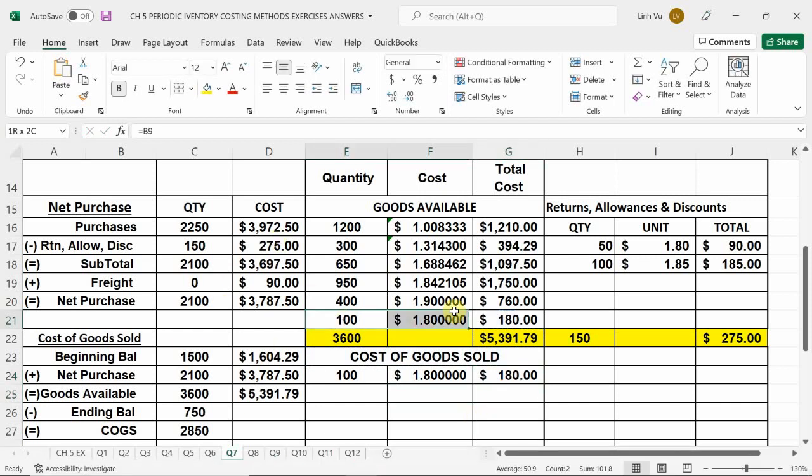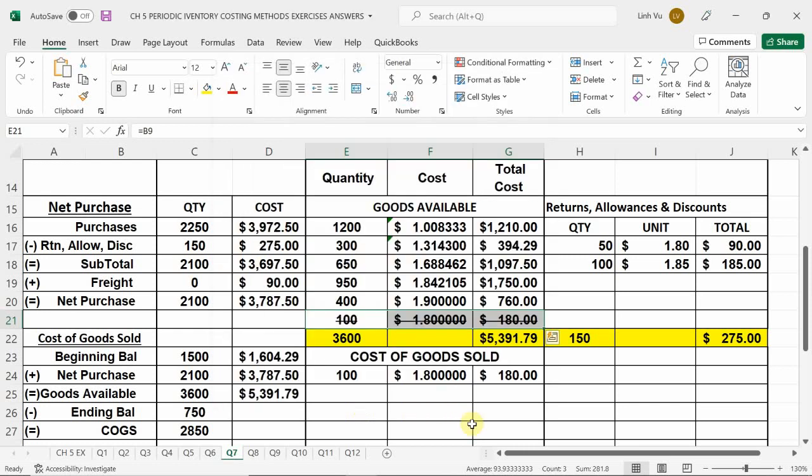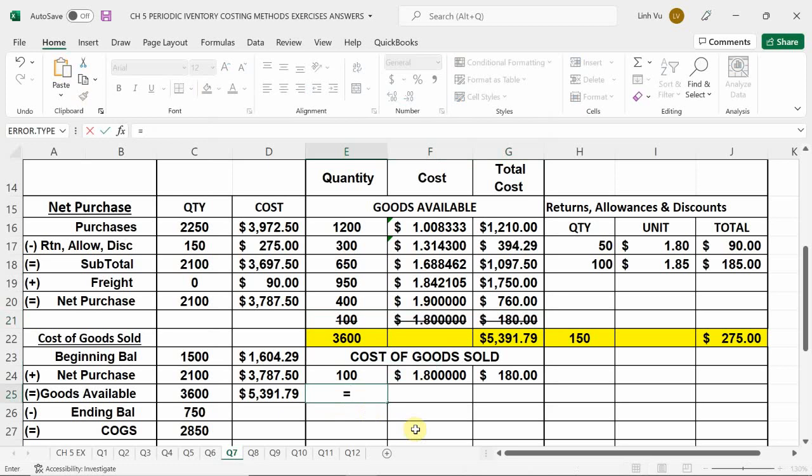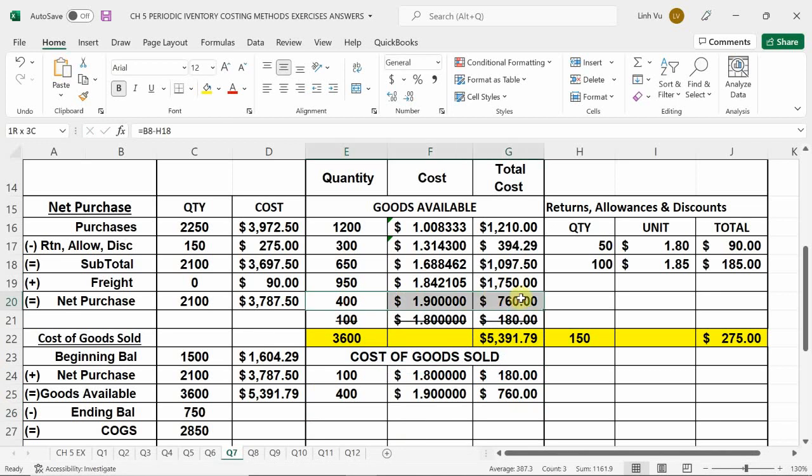We're going to get rid of this batch of inventory right here. Which batch of inventory would it dip through next? The 400. Therefore, this is eliminated.